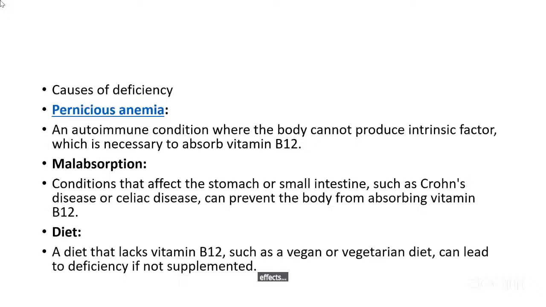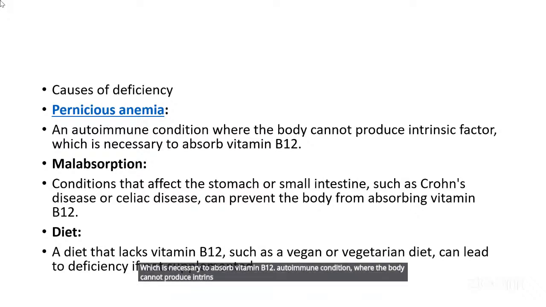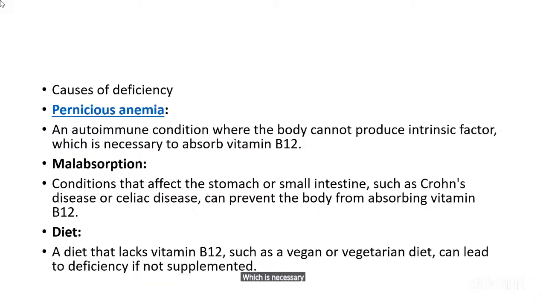Causes of deficiency, we have pernicious anemia. This is an autoimmune condition where the body cannot produce intrinsic factor, which is necessary to absorb vitamin B12.